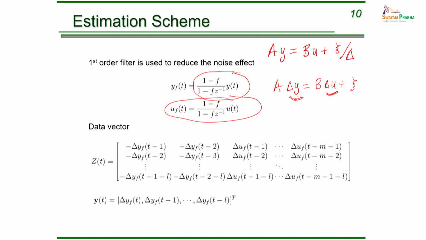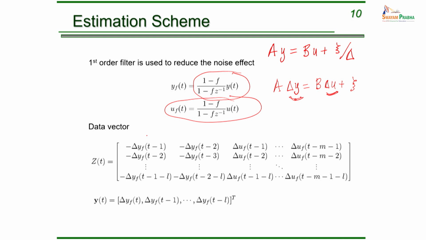When you configure the data matrix, the previous data matrix that I had outlined in the example for identification was simply y(t+1), etc. Now it is delta y, delta u, and so on, and it is filtered. So we are feeding in the filtered values because we have a noisy process.